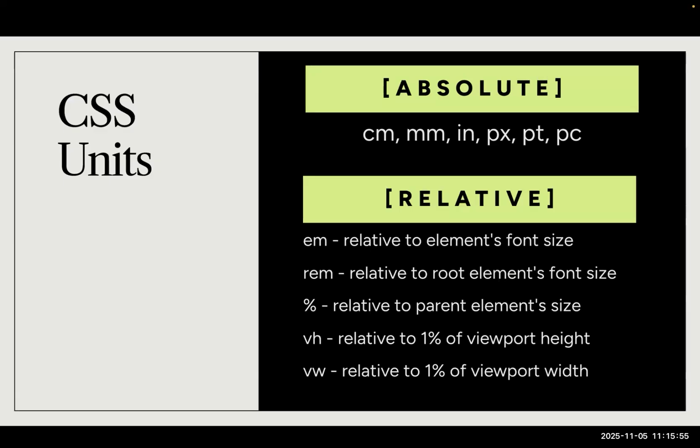So if, for example, by default you want it to be 12 pixels of font size, but then you want to make something 24, you can do 2 REM. It's a little bit difficult, a little bit tricky. We're not going to worry about it too much. If you use a percentage, it's going to be relative to that parent element size. That's your container element. And then we have our VH and our VW.